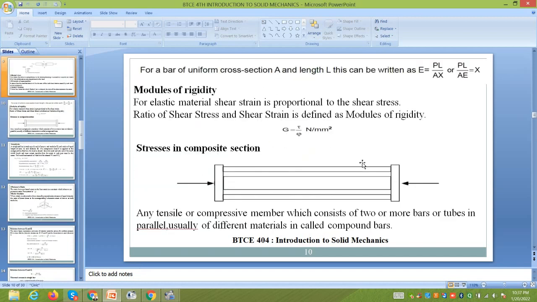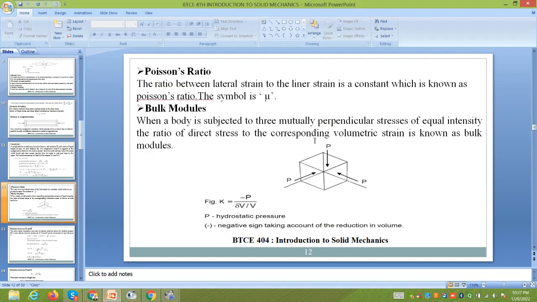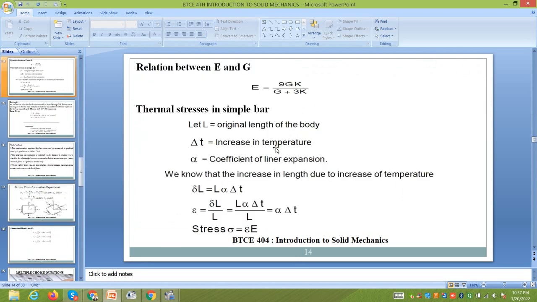We have already discussed modulus of rigidity, shear stress upon shear strain.